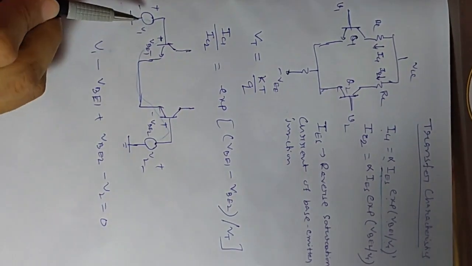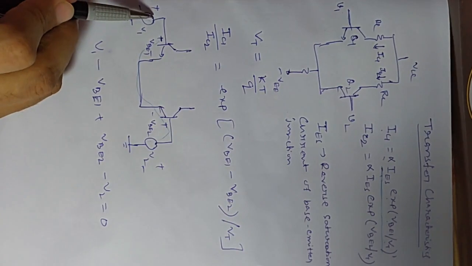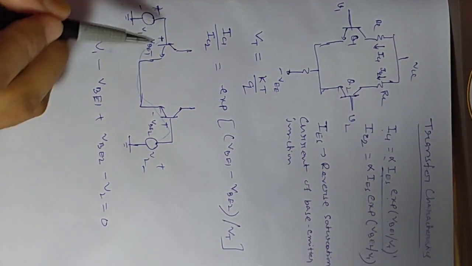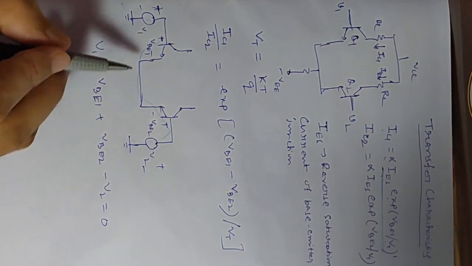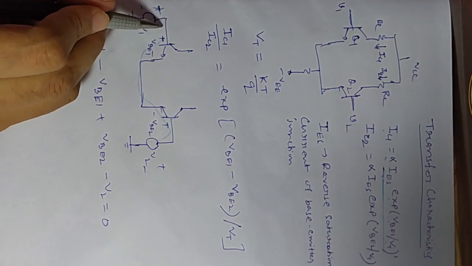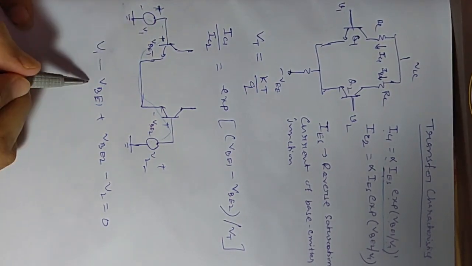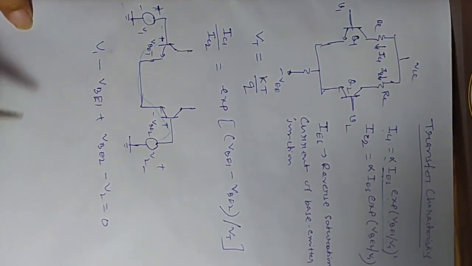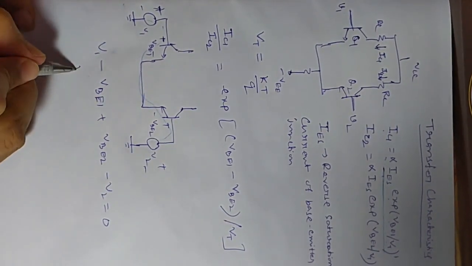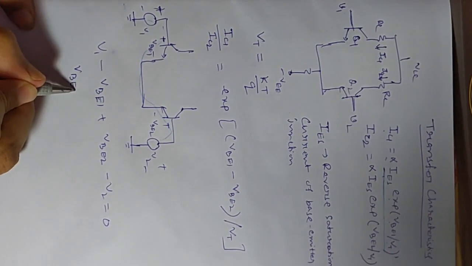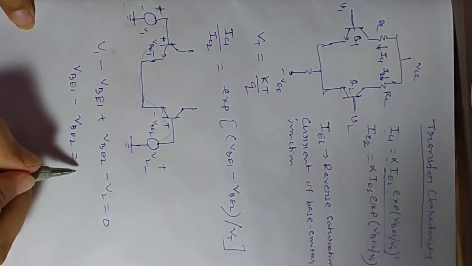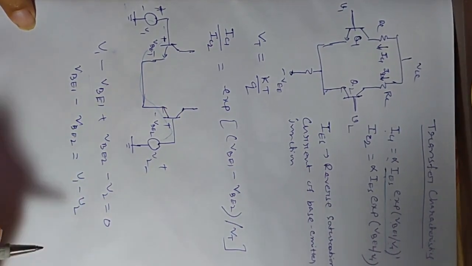Here I am assuming that current is outward from the positive terminal, and that is plus. So in this case V1, and current is flowing into the plus terminal, that is minus VB2. That's how I'm taking this. As a result, I can write that VBE1 minus VBE2 equals V1 minus V2.